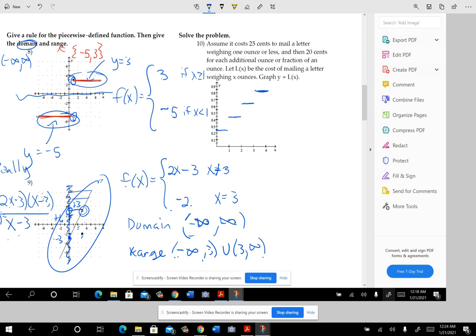When it is 1 ounce, it does cost you 25 cents, so you do use that. But if you go just slightly to the right of that, you're going to have to pay more. So we're going to do an open circle on the left, but then at 2 ounces, you'd be paying 45 cents. So the pattern would look like this.